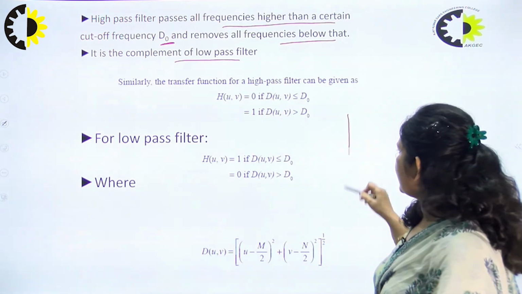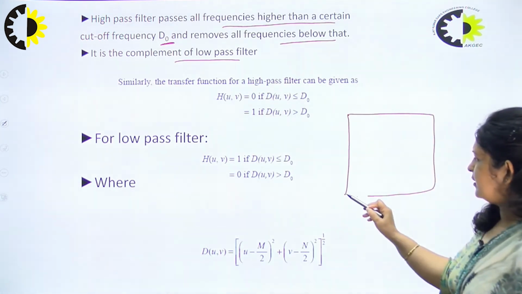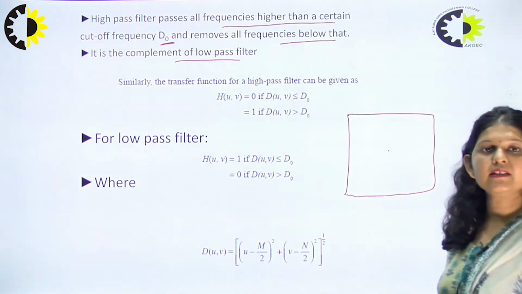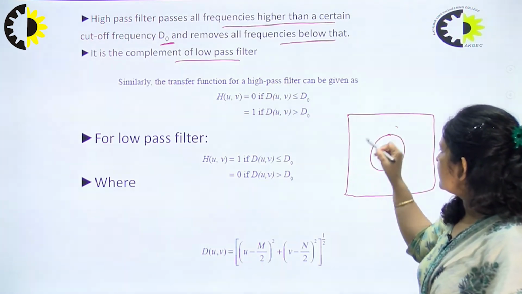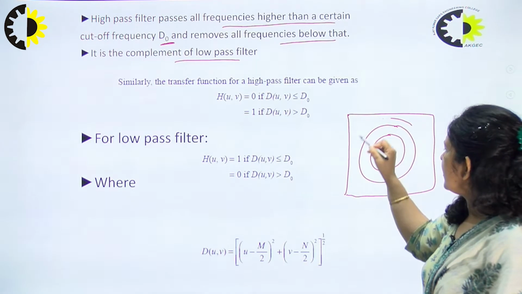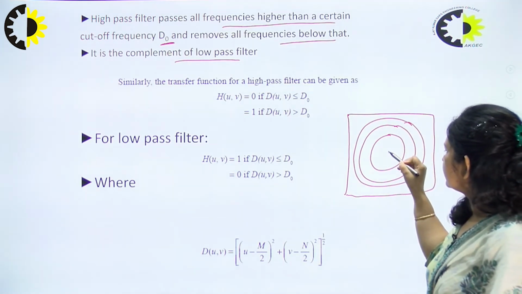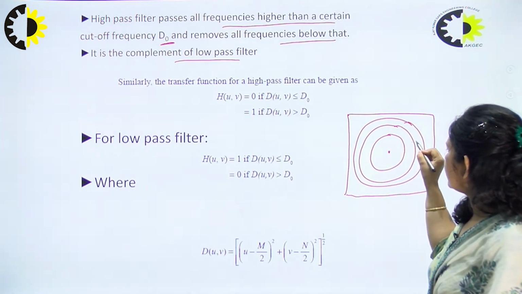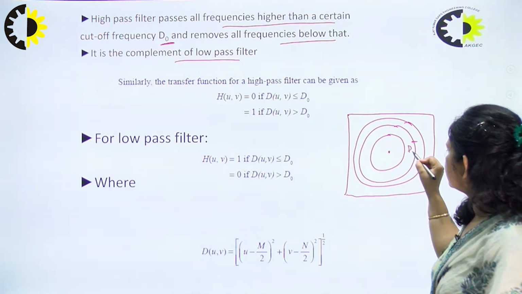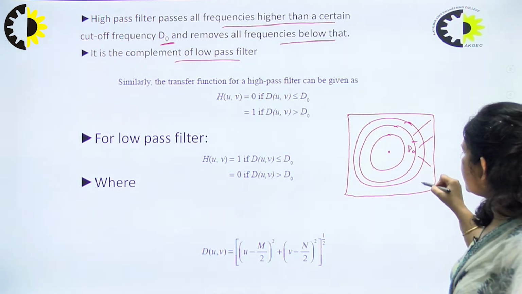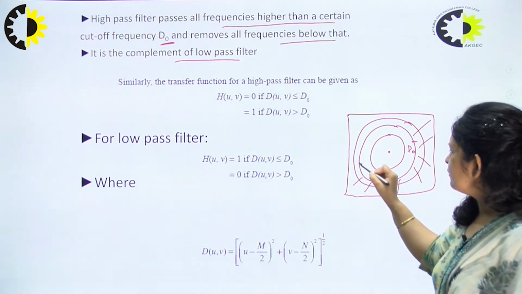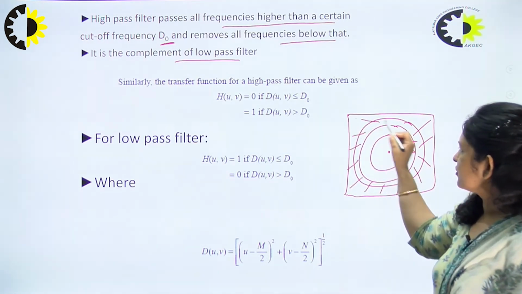That is, if I have an image, this is my center representing the DC component. These are the frequency components, concentric circles about the center. And if this is my cutoff, say D0, all frequency components beyond D0 would be preserved.